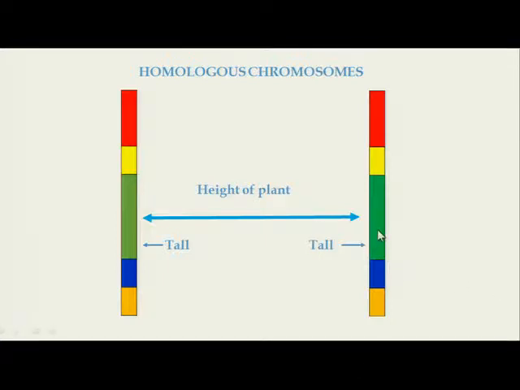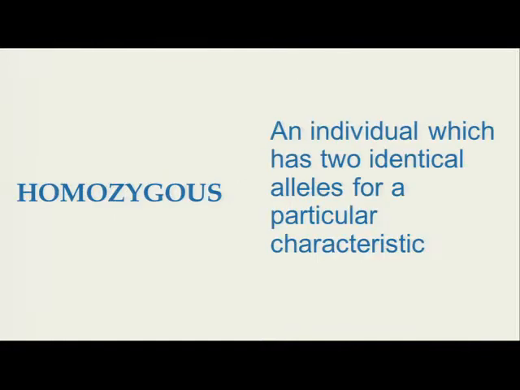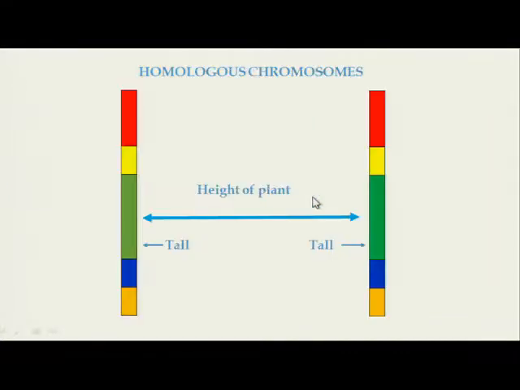The opposing allele also determines the plant to be a tall growing plant. You see, if we go back to the definition, it states two identical alleles for a particular characteristic. I repeat, the particular characteristic, the example that I use, height of plant. The two identical alleles, in the first instance, both determine the plants to be tall growing.